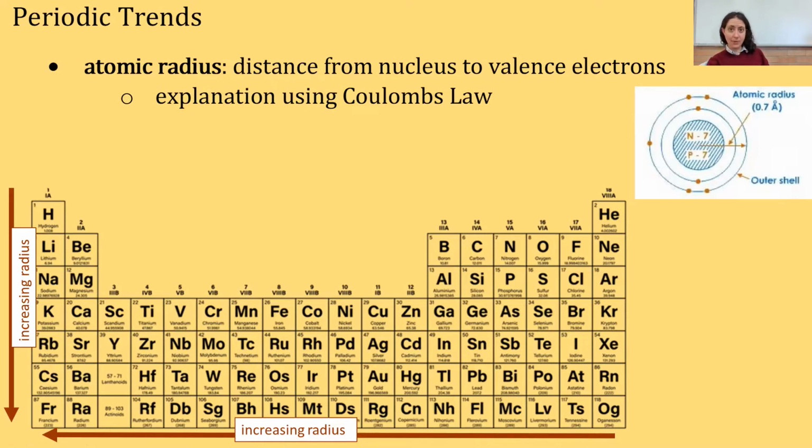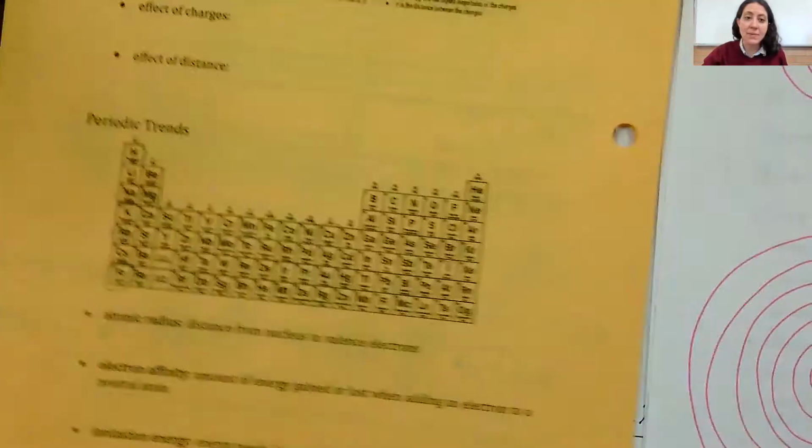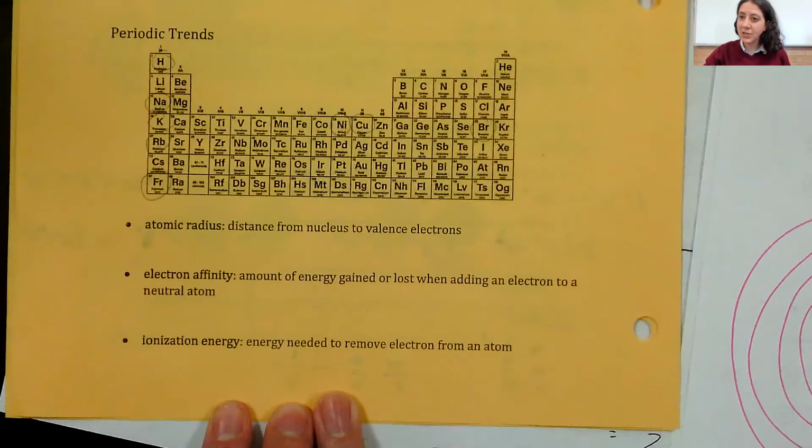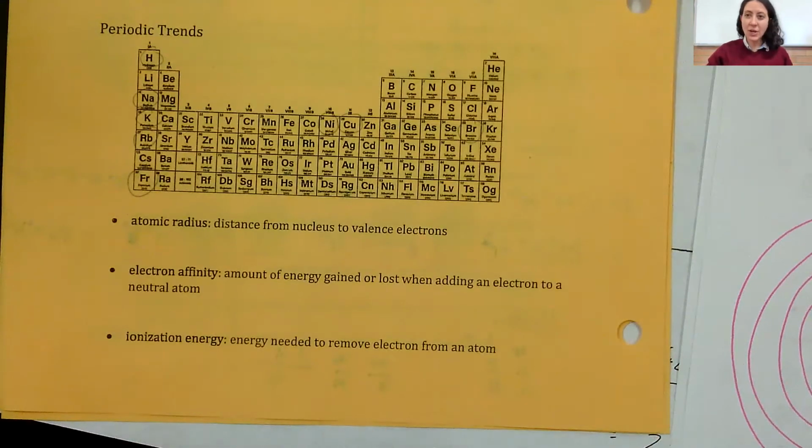Let's talk about the next couple. We'll go back to our overhead. Okay, the next thing is electron affinity and ionization energy, which are kind of opposites. So let's go through them simultaneously a little bit. Electron affinity is how much energy is gained when you add an electron. So this is how much affinity the atom has for more electrons. So this is like ionizing to become a negatively charged atom.